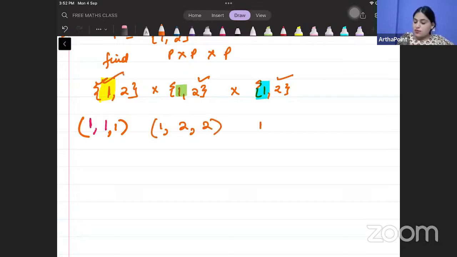Then keep this, second element of this, and first element of this. All possibilities. Whatever possibilities there are, you should write all of those down.